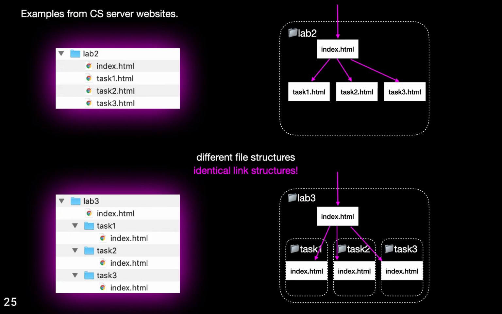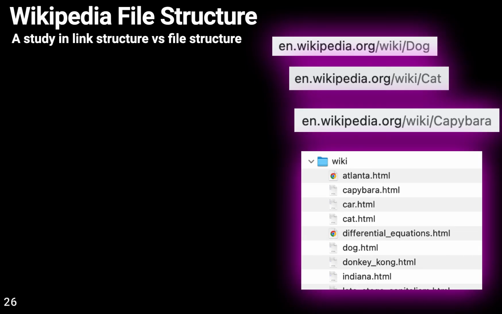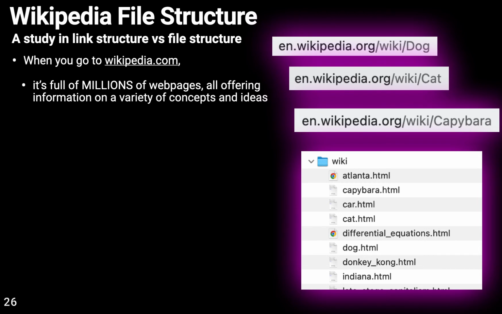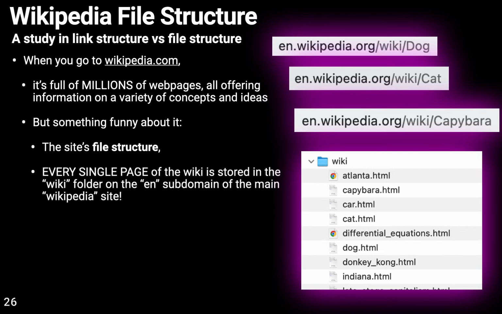In the same light, let's consider Wikipedia. So you go to wikipedia.com. It's full of millions of web pages. They're all offering different information on a variety of concepts and ideas, right? But there's something kind of funny about it. When you look at the URLs, every single page on the wiki seems to be stored in the wiki folder, right?